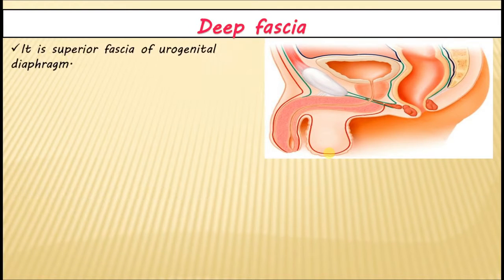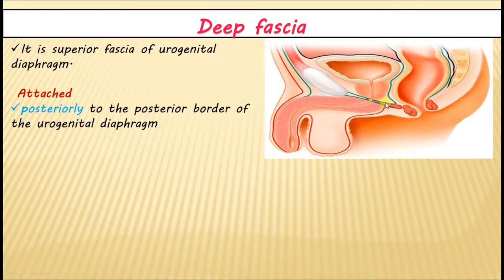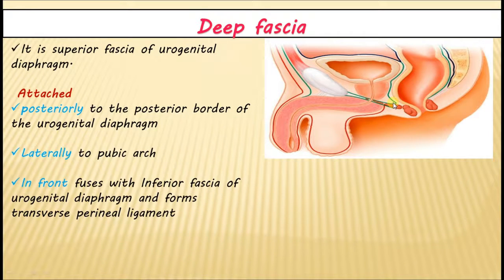The deep fascia is the superior fascia of the urogenital diaphragm. So here you are able to see the superior fascia of the urogenital diaphragm, and it attaches to the posterior border of the urogenital diaphragm, laterally to the pubic arch, and in front fuses with the inferior fascia of the urogenital diaphragm. So the superior fascia fuses with the inferior fascia of the urogenital diaphragm.